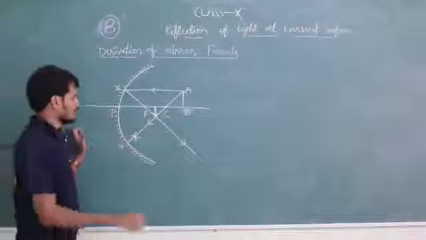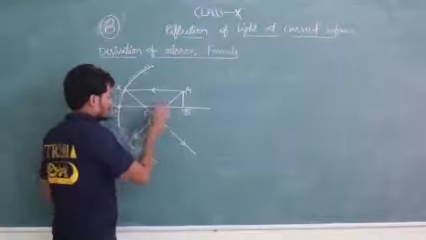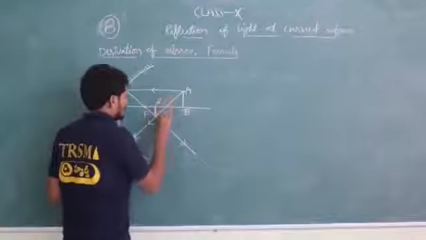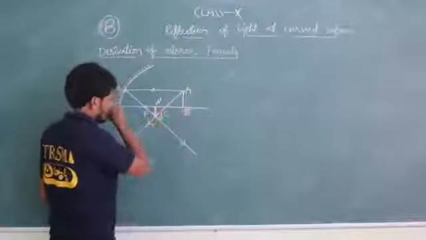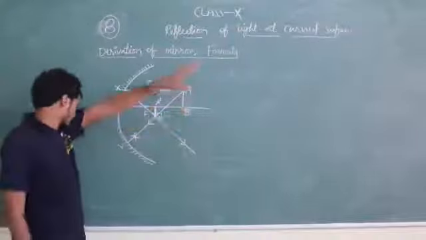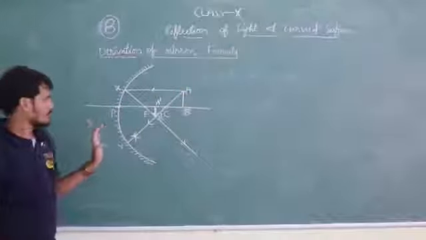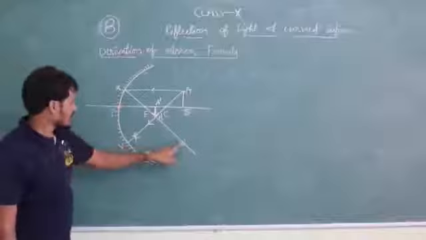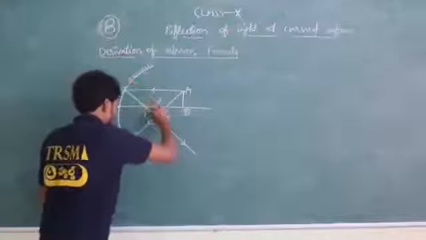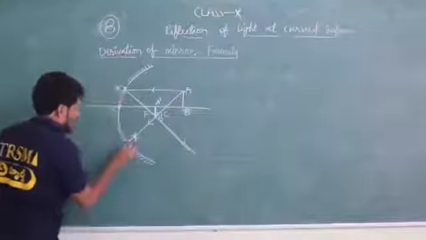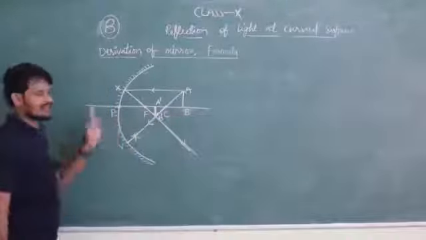Between F and C. Name that image A dash B dash. AB is the object, A dash B dash is the image. See here, XB dash is the first reflected ray and YB dash is the second reflected ray. Both intersect, and that is the image point.